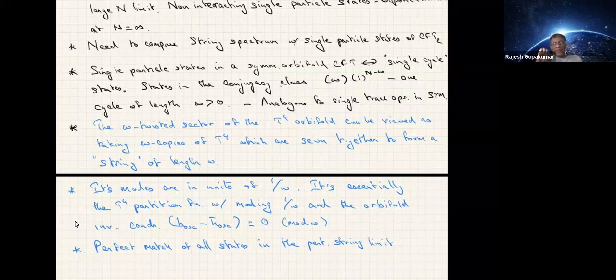Well, all I was saying was that this is the limit where we have most control, and we are able to compare with the dual string theory, because we know how to do perturbative string theory, so we can compare the symmetric orbifold with the dual CFT in this regime. In this regime, you can make the comparisons like I just did, which is all in the n equals infinity limit.